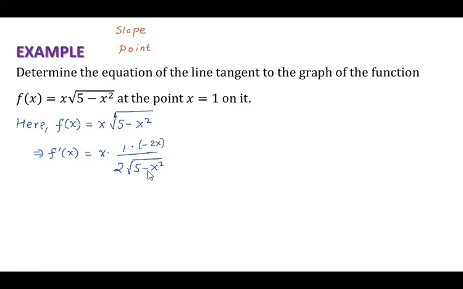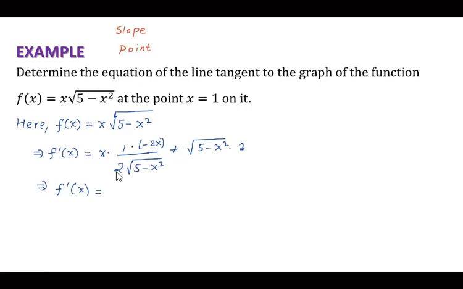So we did first function times the derivative of second plus the second function, which is 5 minus x squared, times the derivative of first function, derivative of x with respect to x is 1. So if we simplify this a little bit, it will be f prime x is equal to, you can see here is negative 2 and here is 2.